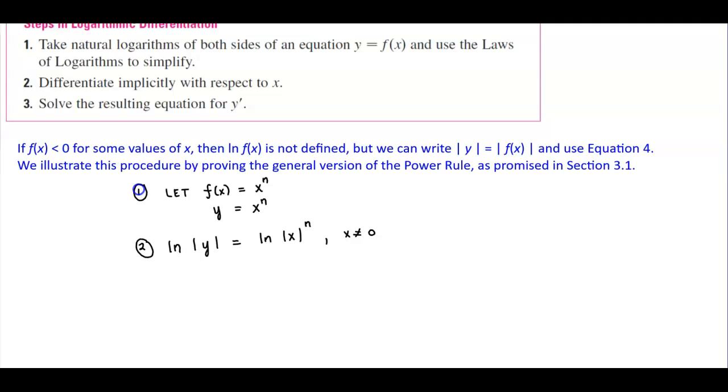Okay, so now we're going to take the derivative here. If we differentiate implicitly, we're going to have 1 over y times y prime, which is the same thing as y prime over y. And that's equal to n over x.